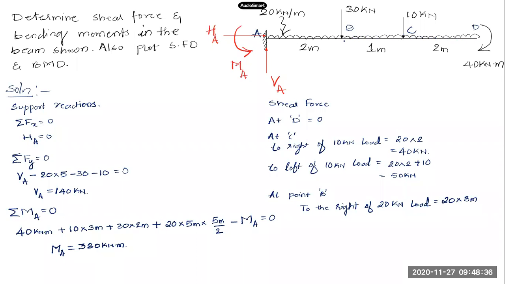My section will be somewhere here. I'm taking the algebraic sum of all the forces to the right of the section. So UDL is present over here for a length of 3 meter. So 20 into 3 plus 10 kilonewtons. This is the only load I have crossed. So this will be 60 plus 10, 70 kilonewtons.